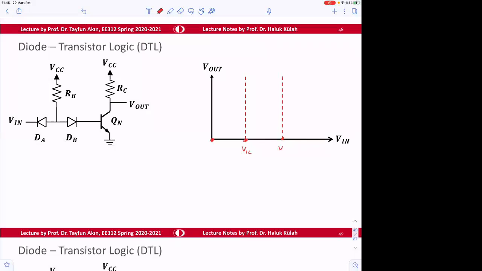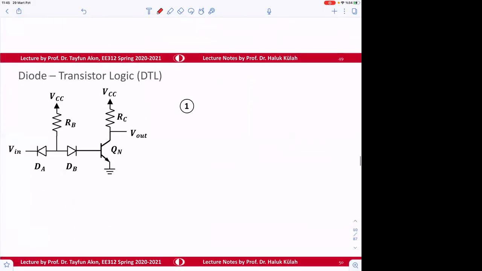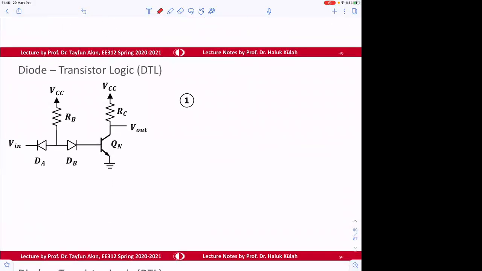This is going to be defined as V input high. Okay, so the cases are drawn here. What happens if Vin is equal to 0 volt? Okay, so that's one extreme. So we expect the output to be high, right?